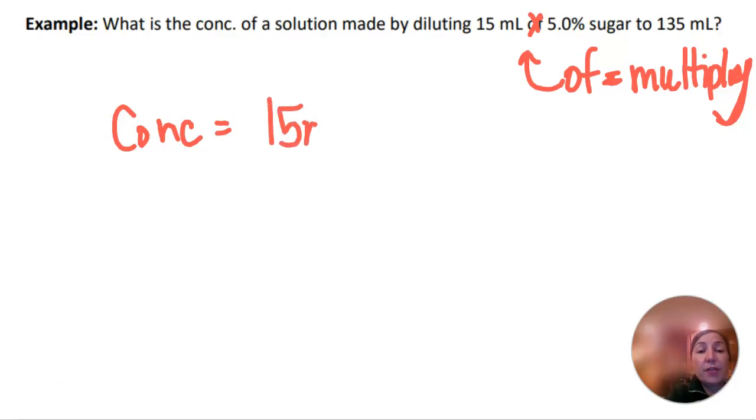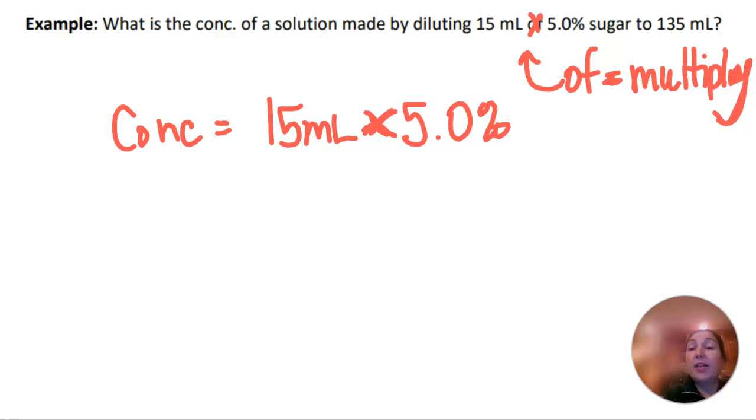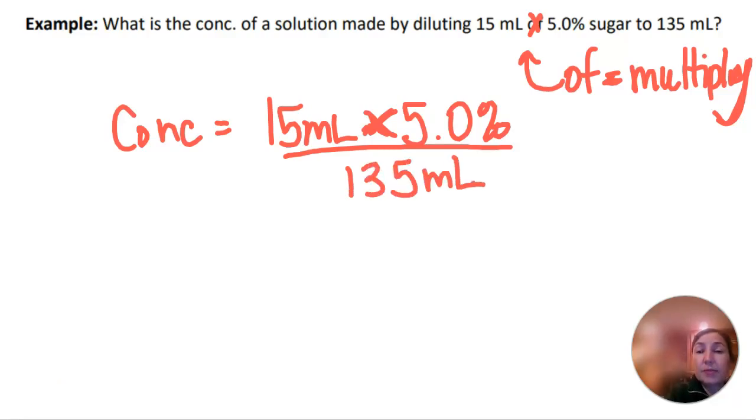You're going to take 15 milliliters, multiply by 5%. Then you want to get it to 135 milliliters, so you're going to divide by 135 milliliters, because you want to know a final percent concentration.